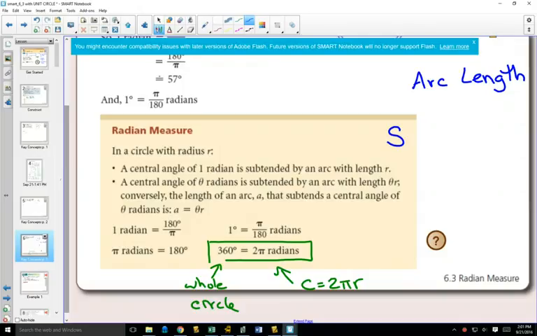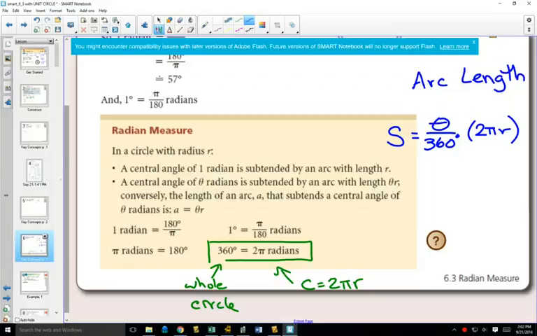So they went with S. If someone can think of a creative reason why it's S, that'd be great. Anyways, what we discovered this morning is that our arc length was whatever proportion of 360 degrees times our circumference, 2 pi r. That was our formula that we developed this morning in our math lab, right?